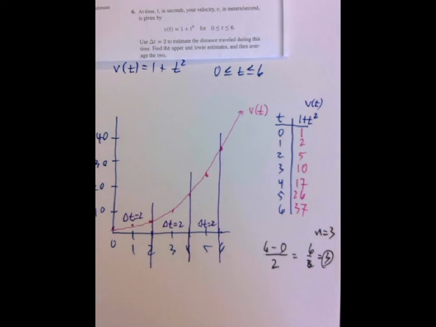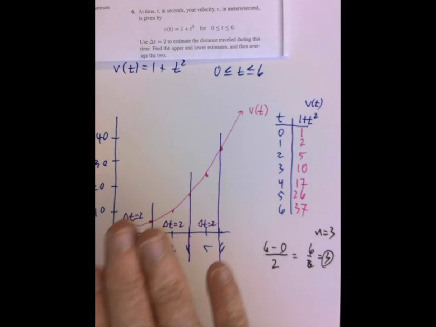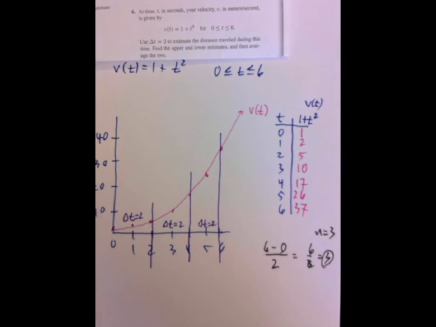Yeah, so let's see here. So we're going to go ahead and do the left-hand one. Okay, you know what? Actually, for yucks, I'm going to do the right-hand one this time. So they say the upper estimate and the lower estimate. Well, the lower estimate means the one where the rectangles are going to be below the curve and there'll be leftover area.